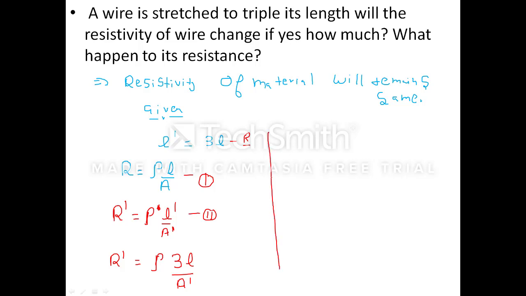Now one thing we must consider is that the volume of the wire remains constant, because the volume of the wire does not depend upon length and area of cross section.